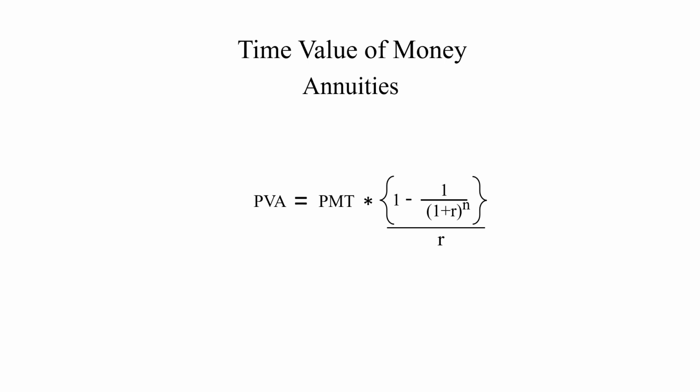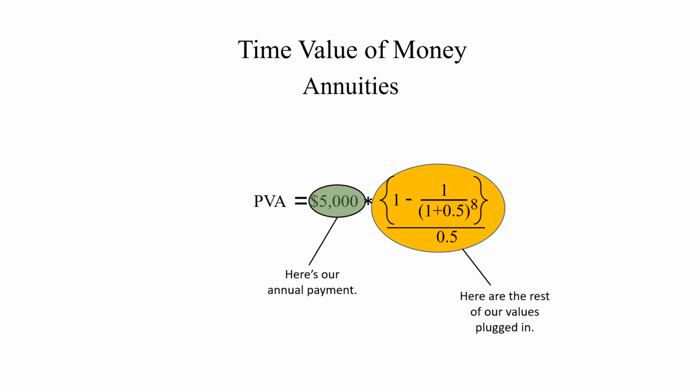Let's fill in the values that we know. Here's our annual payment, and here are the rest of our values plugged in. But rather than doing all that math, let's just cut to the chase and use the present value of an annuity table.